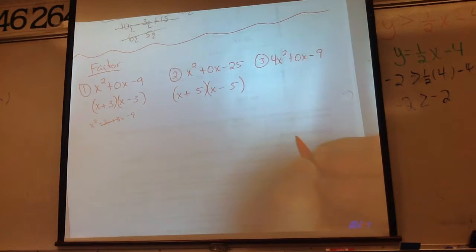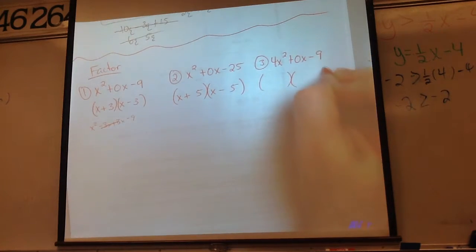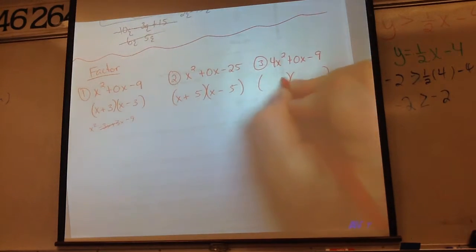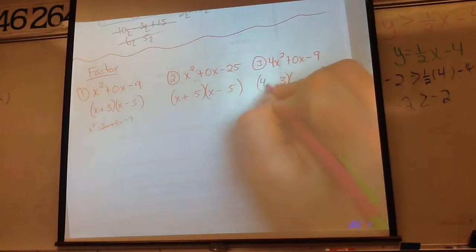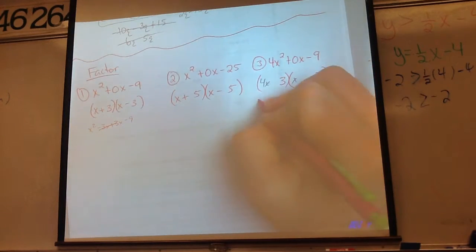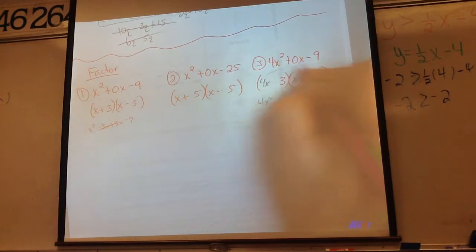Oh, you're catching on. You're noticing a pattern here, aren't you? Those ones always have to have something that has a square. How about this? 4x. 3 and 3 in the back. What about the front? 4x and 4x. No. If I do 4x and x, that would be 4x squared, but then you would get 12x and 3x, and that doesn't add up to 0.